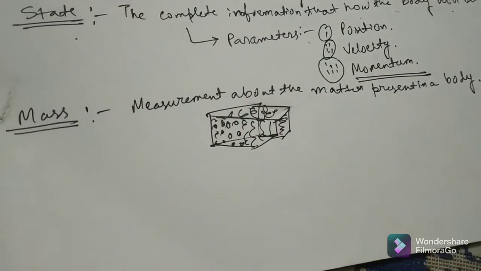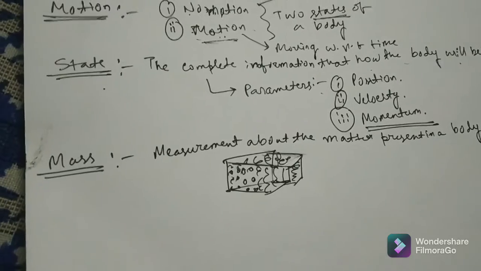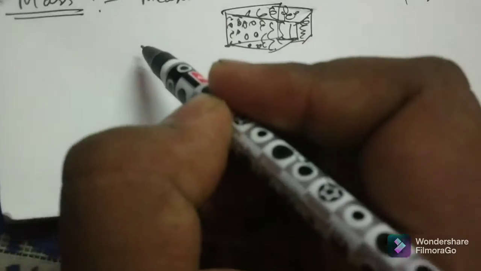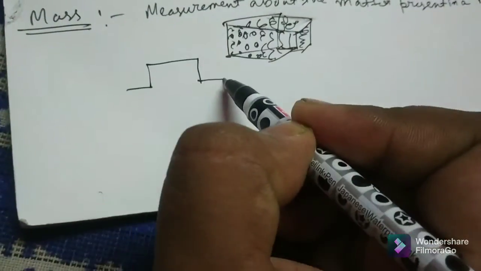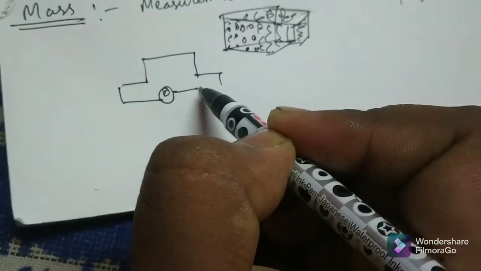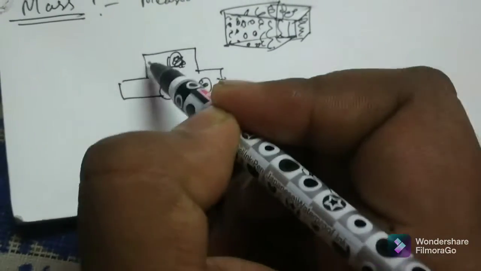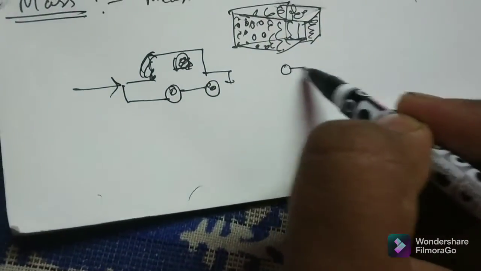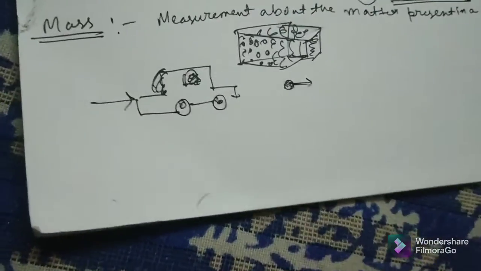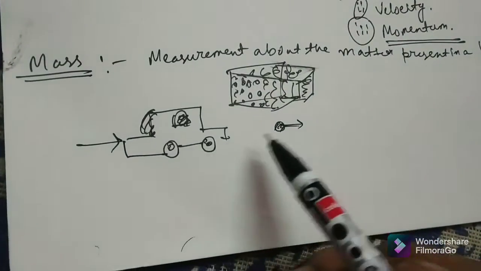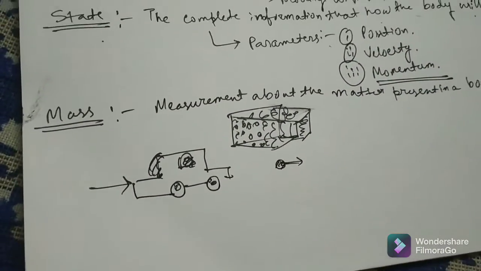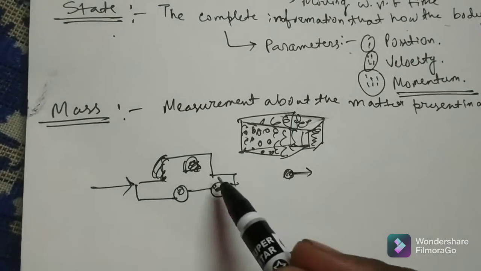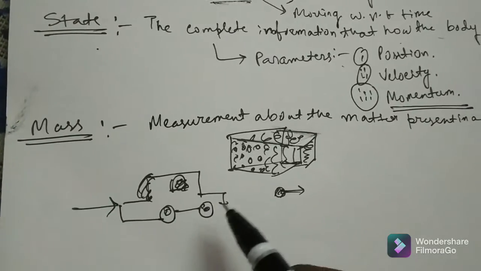Let us give an example. We need more force to move a truck. Suppose this is a truck: we need more force to move it than to move a small tennis ball, because this truck has more mass than the tennis ball. So more force means what? Its resistance against the external force is what is known as inertia.